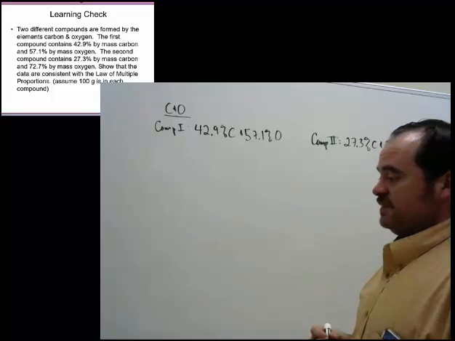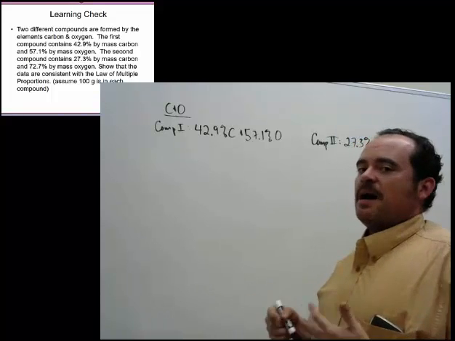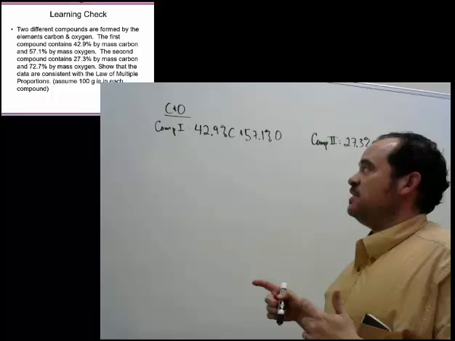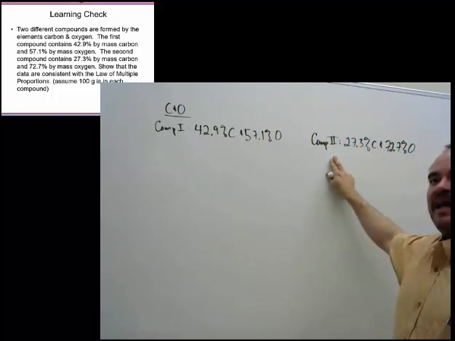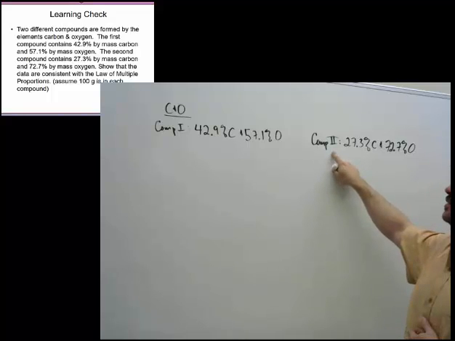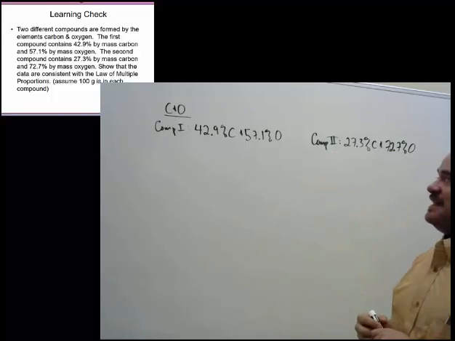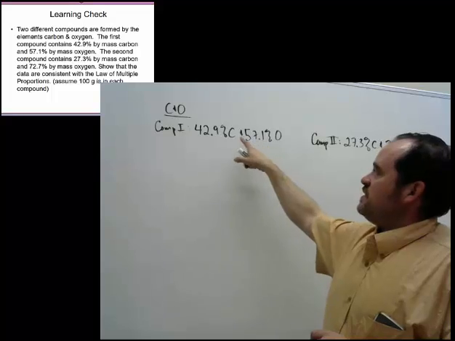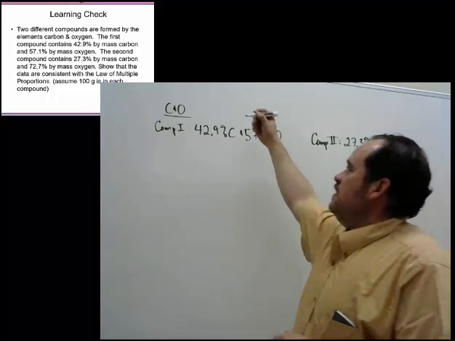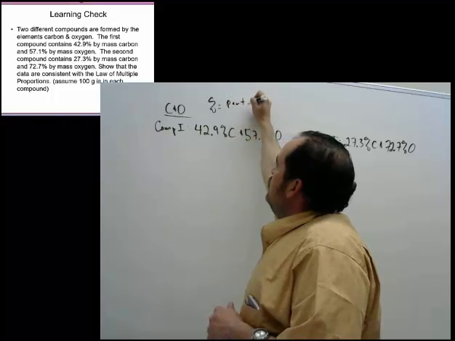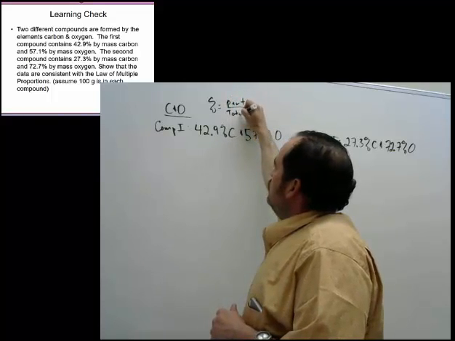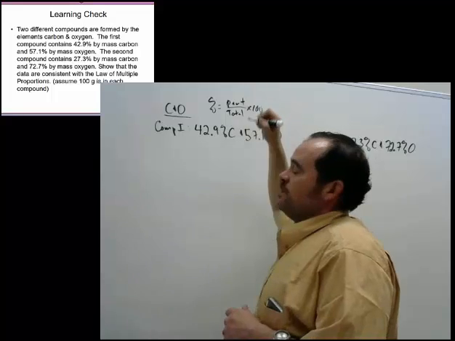So what do we do first? Let's calculate first of all how many grams of carbon and oxygen we have in compound 1, and also how many grams of carbon and grams of oxygen we have in compound 2. Now the way we do that is this. If you notice here, these are percentages, and if you remember, a percentage is nothing but a part over the total times 100.